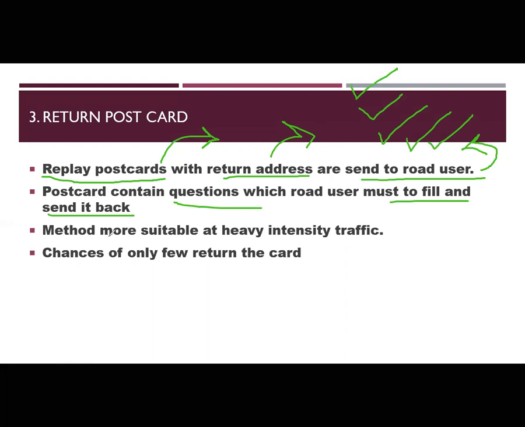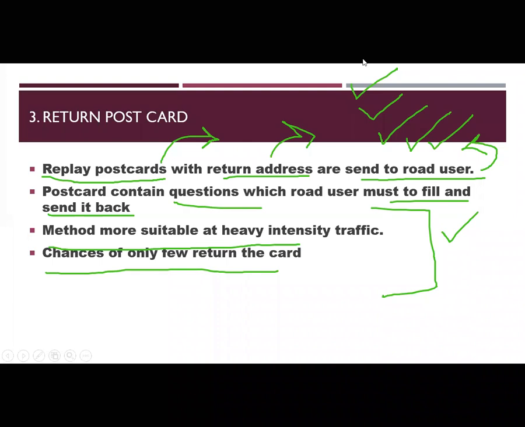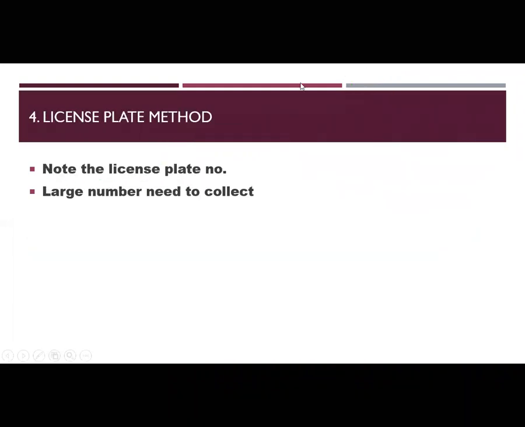After returning it, we could understand what the actual route is. This method is suitable, but only a few chances of getting the postcard back, that's why it is not acceptable.